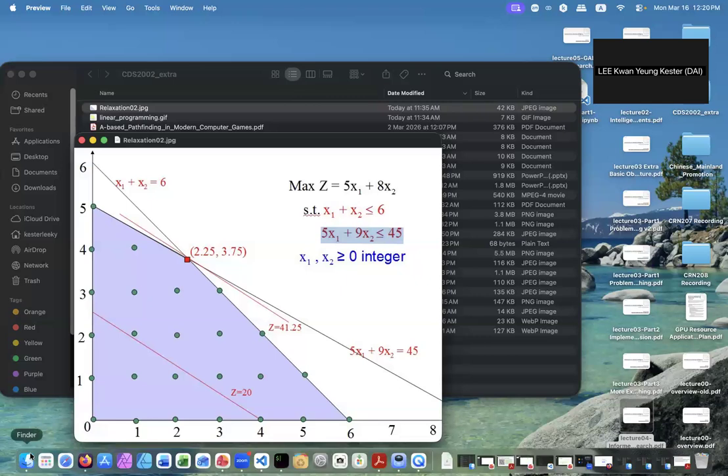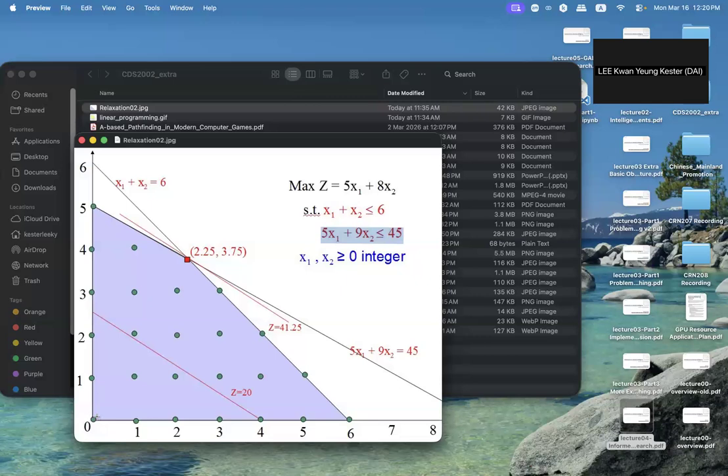So maybe the computer can start here where x1 and x2 are 0, and then it makes an action and jumps to x1 equal to 1 and x2 equal to 0, okay? And it goes on and on, okay?